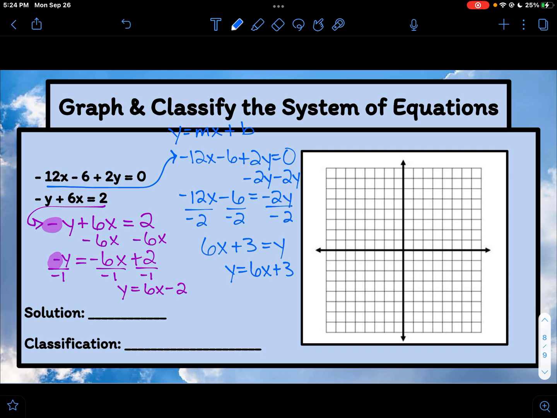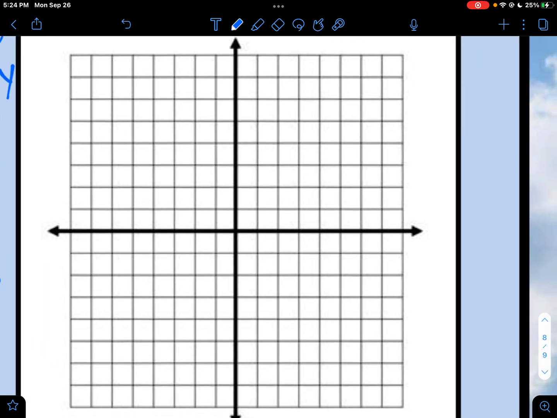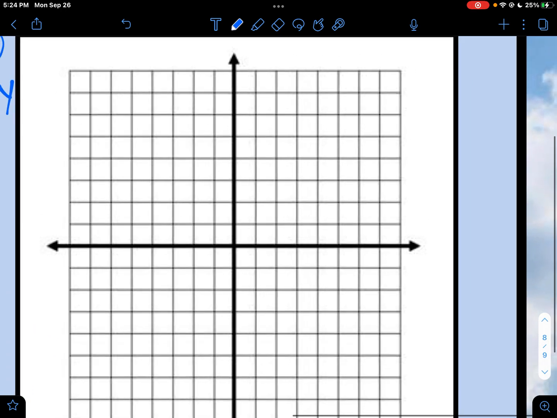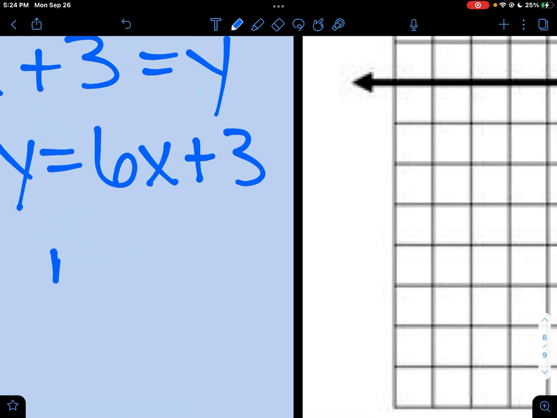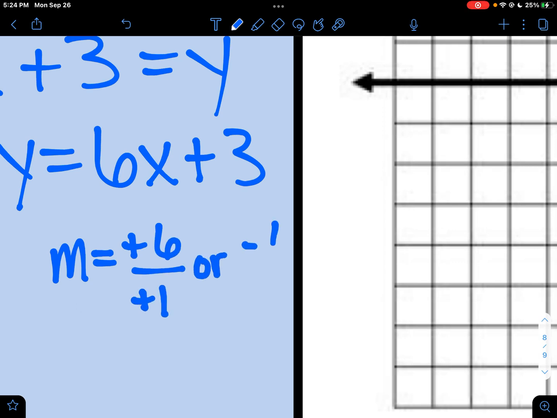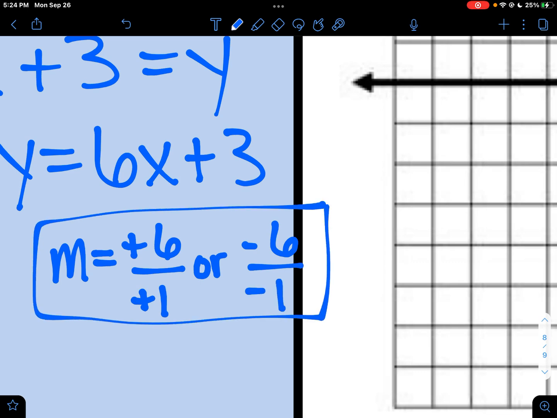Okay, so the blue line, we're going to start at 3. 1, 2, 3. And I'm going to go up 6 over 1. 2, 3, 4, 5. I ran out of room on the graph going up, so I'm going to remind myself that when the slope is 6 over 1, that could be positive 6 over positive 1 or negative 6 over negative 1.